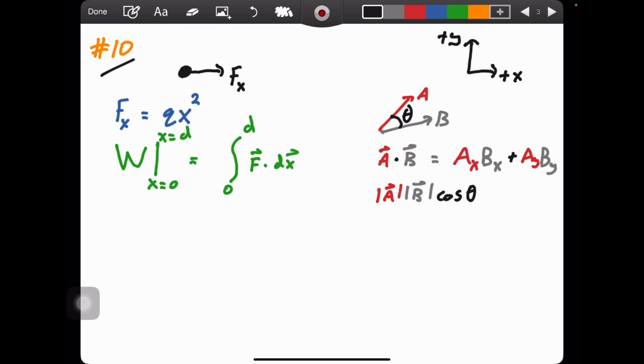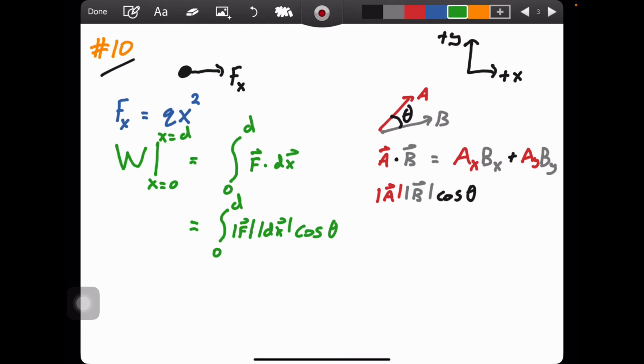That's the formulation I'm going to use for this work integral. So more specifically, I'm going to talk about an integral from 0 to d where I have some magnitude F, some magnitude dx, and the cosine of the angle between the two.